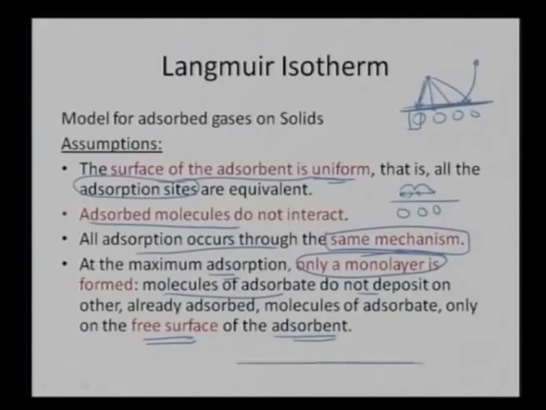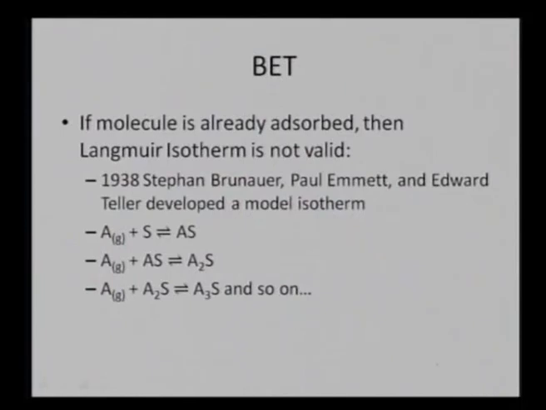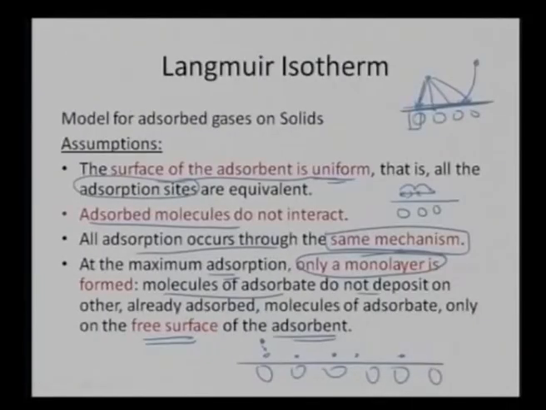If I have a surface where certain molecules, ions or atoms are already deposited, the second atom may not sit there; it might go to some available site and then sit there. That is the deal about adsorption of a molecule on a free surface.